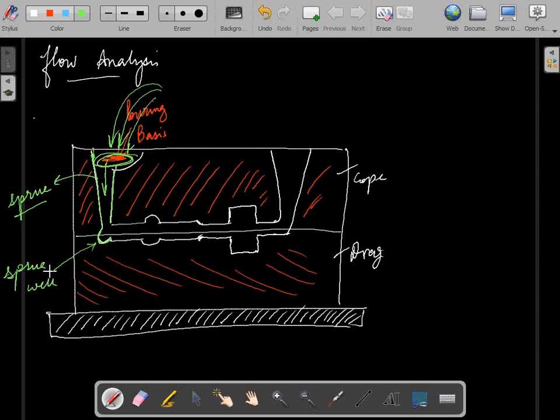The function of sprue well is to act as a reservoir for molten metals before it flows down to the cavity. Now, once the molten metal is collected over here, it slowly starts its journey towards the mold cavity. This pathway, or this channel, is known as your runner. So this is the channel through which your molten metal flows. It's a cylindrical section. Okay.